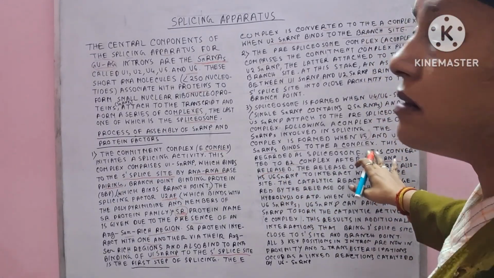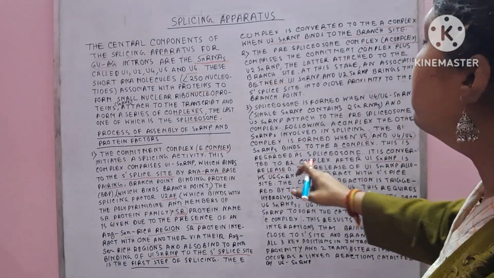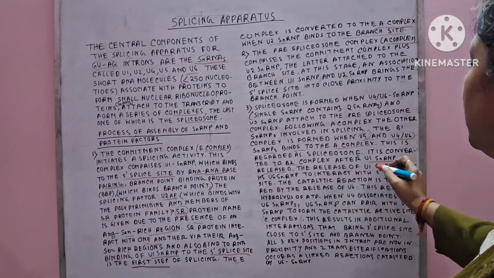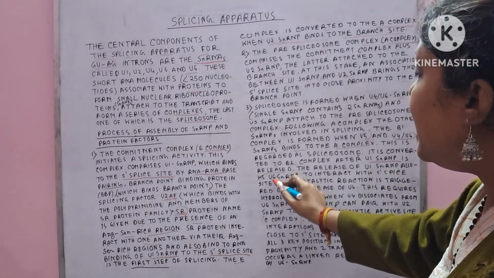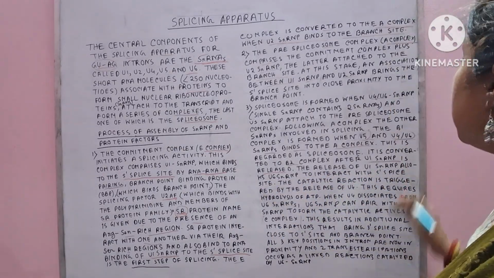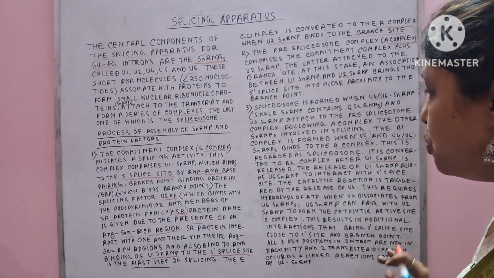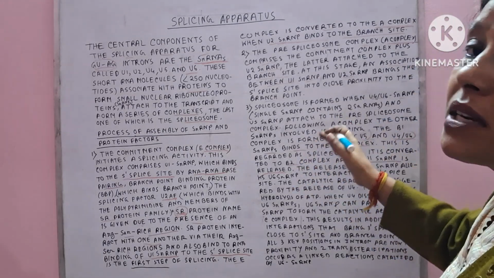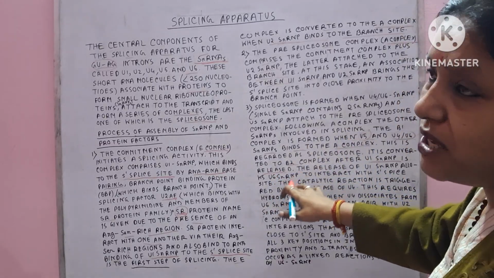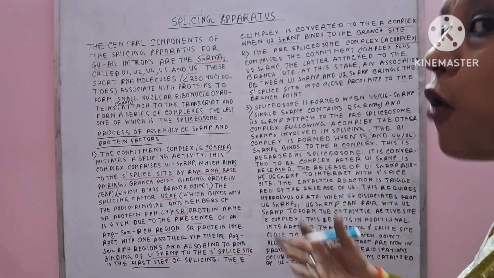So when U1 is released from the B1 complex, the B2 complex is formed, and this release of U1 allows U6 snRNP to interact with the 5' splice site. That means as U1 is released, when the B1 complex is converted to the B2 complex, then U6 snRNP has a chance to bind with this B2 complex.